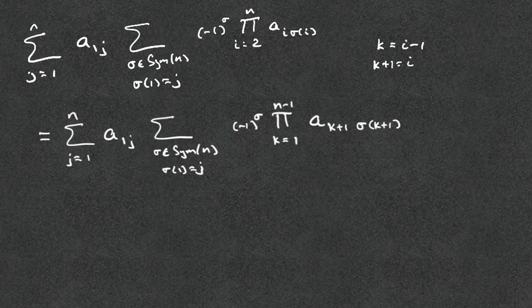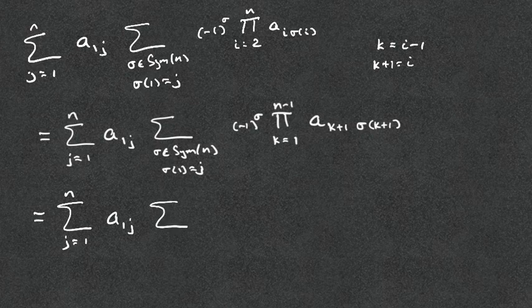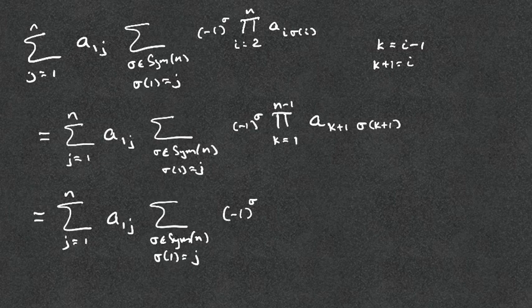Now what we want to do is split this product into two pieces. So this is going to be our sum, j goes from 1 to n, a sub 1 j, our sum over sigma in the symmetric group on n elements where sigma of 1 is j, minus 1 to the sign of sigma. And now we break our product up into two pieces.